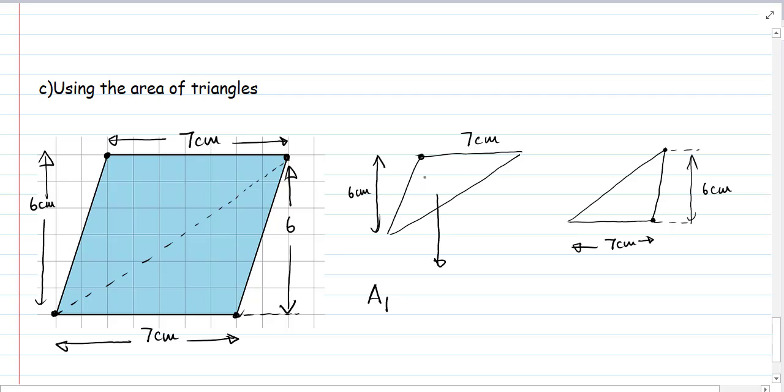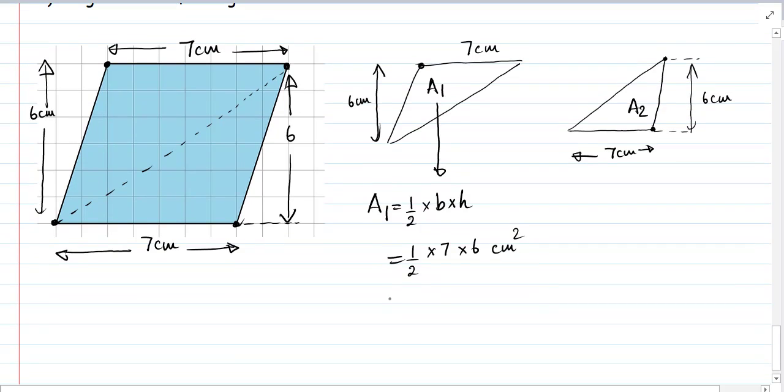Let's write this one as A1 and A2 here. A1 is equal to half into base into perpendicular height. Now these two measurements are perpendicular to each other. So base is 7, height is 6. Make sure to put the correct units. Square centimeters.